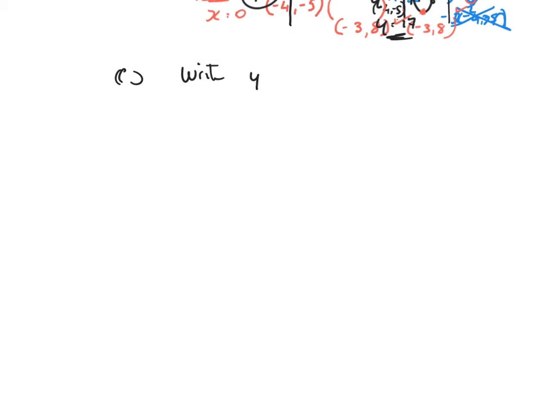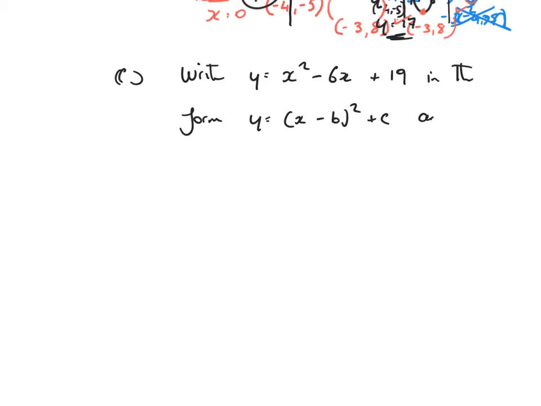So we're going to write y equals x squared minus 6x plus 19 in the form y equals x minus b all squared plus c, and make a sketch.